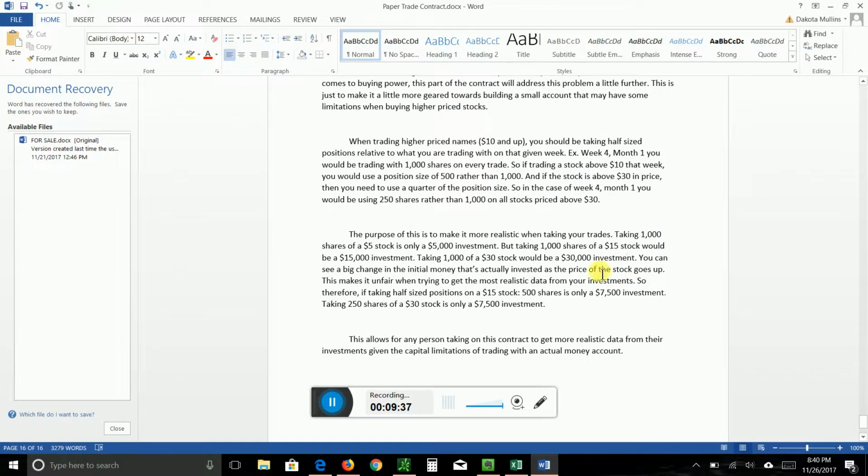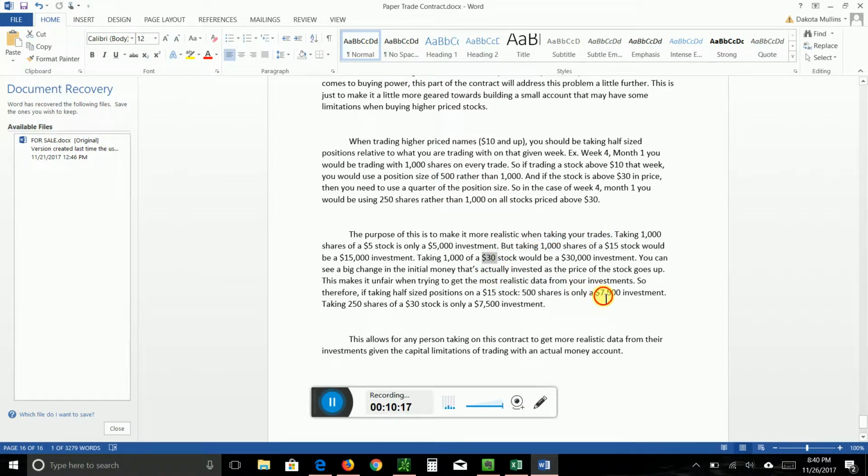So what I did was, if you're trading 1,000 shares on week 4, month 1, and you go to trade a $30 stock, you're only going to be able to take a fourth of that position. So instead, you're taking 250 shares instead of 1,000 on stocks over $30.